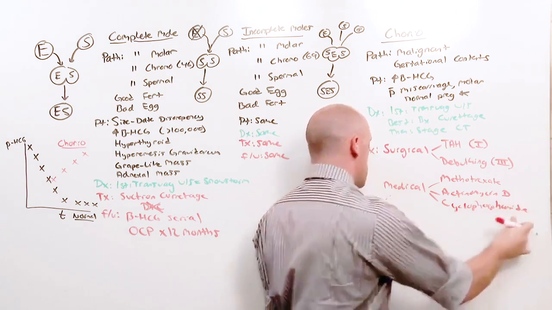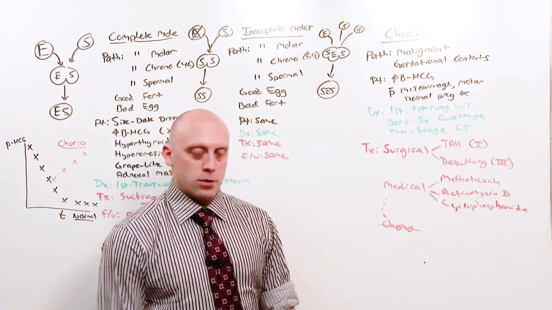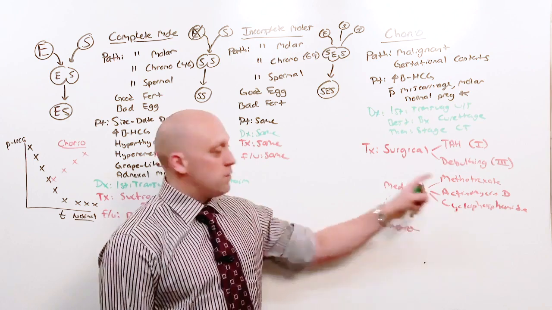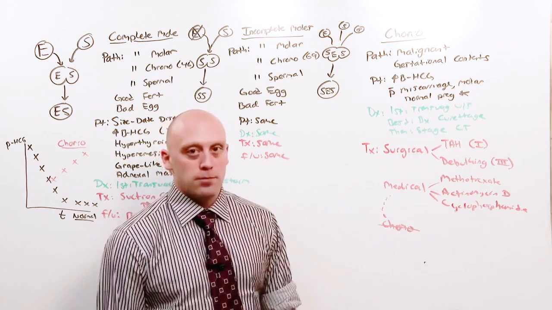Some patients will get additional chemotherapy on top of methotrexate and actinomycin. Everybody gets methotrexate and actinomycin. Refractory disease gets cyclophosphamide. Advanced disease gets more chemo that has a methotrexate and actinomycin backbone.